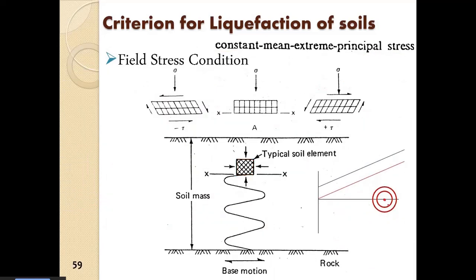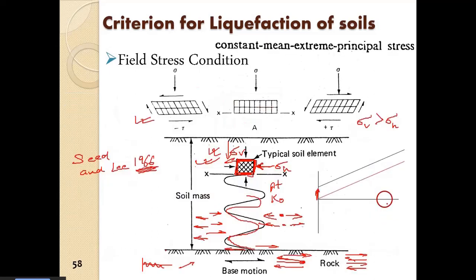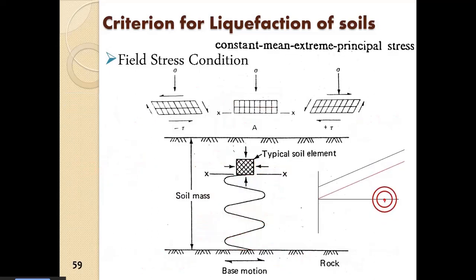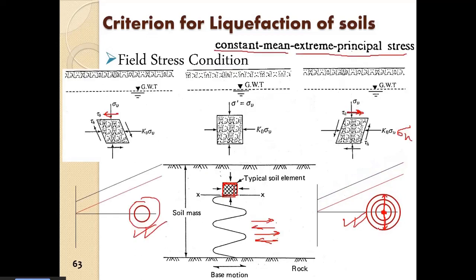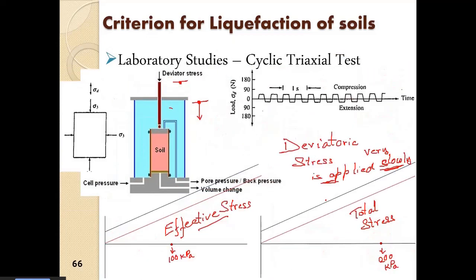All right, so in the field we have the mean constant, and the shear stress is going on increasing and decreasing. The initial stress condition is preserved, so that condition is also replicated here.